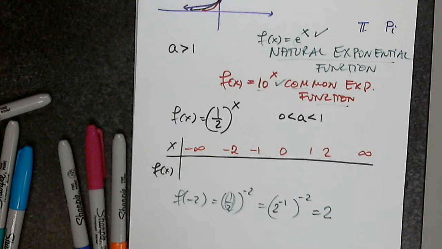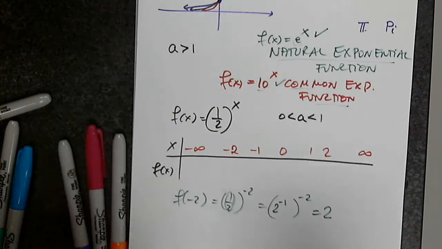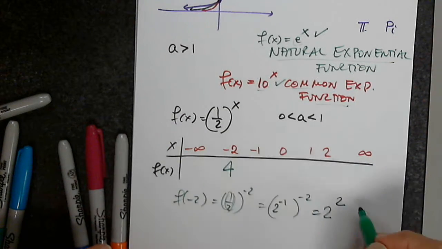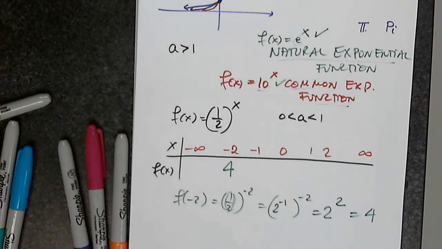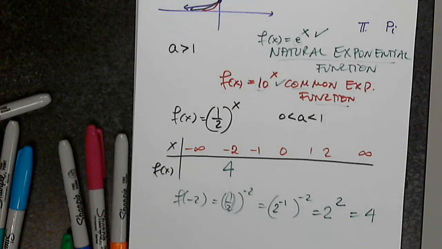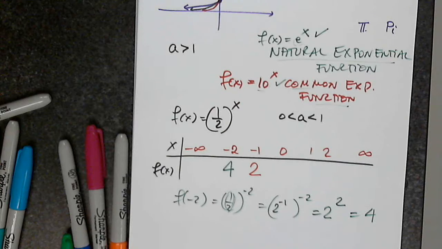I'm raising to a power. So we copy the base, and when we raise to a power, we multiply the exponents, exactly. So this is 4. 1/2 raised to -1. In the same way, 1/2 raised to -1 will be 2, because it's 2 to -1 raised to -1, and I multiply.